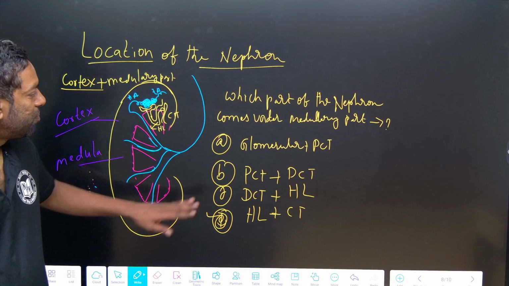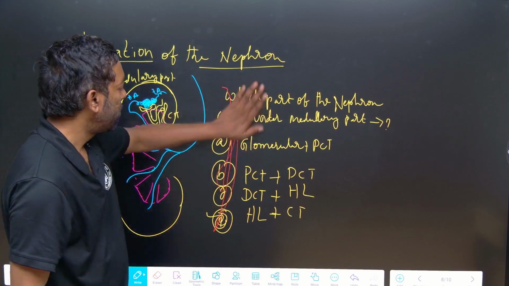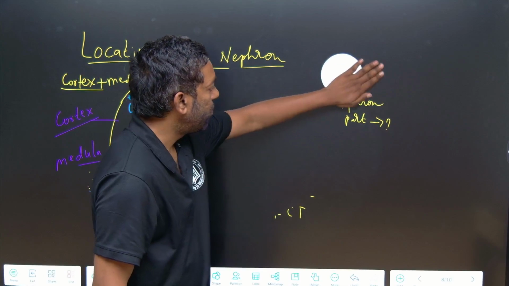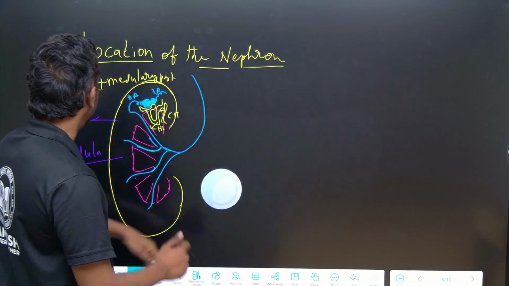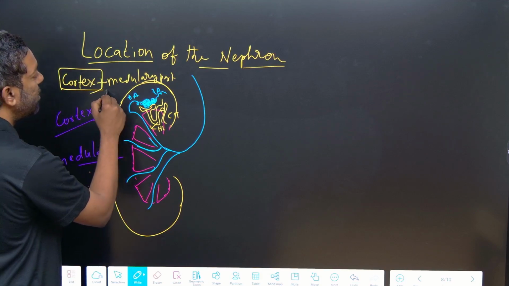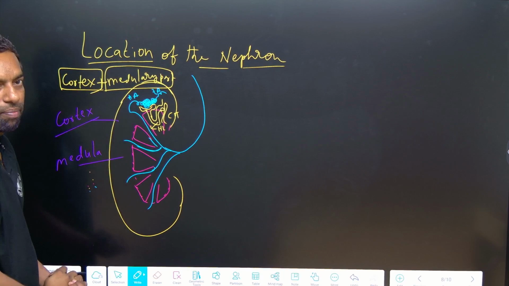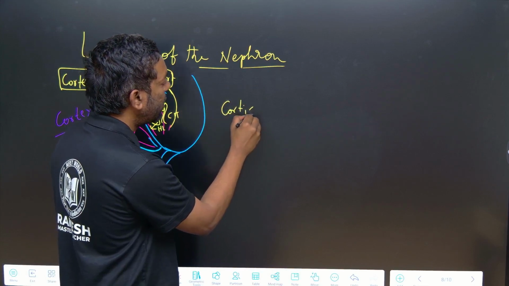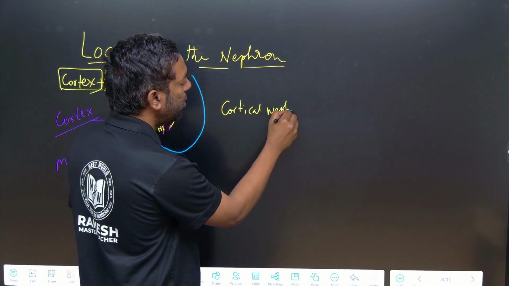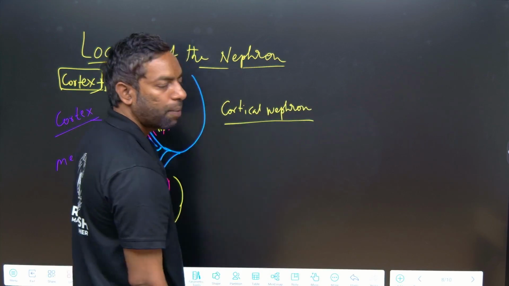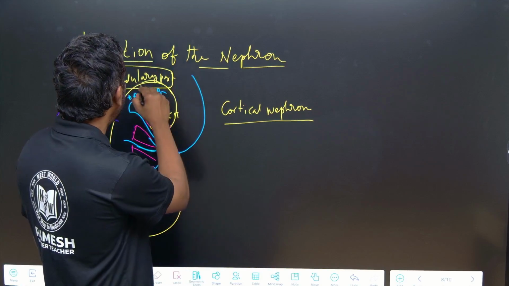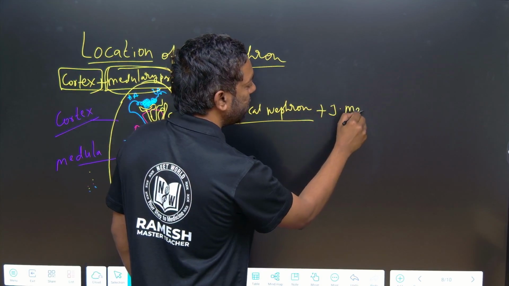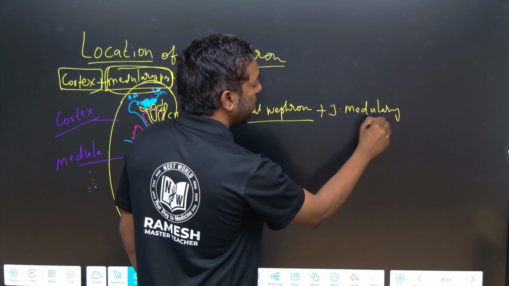We know that some nephrons are in the cortex region and some nephrons are in the medullary region. Cortex region nephrons are cortical nephrons. Medullary region nephrons are juxtamedullary nephrons.